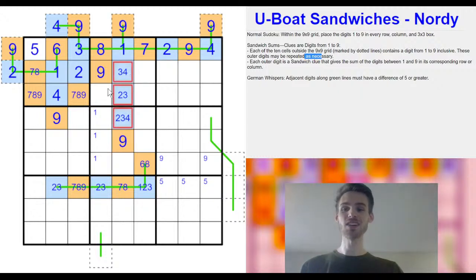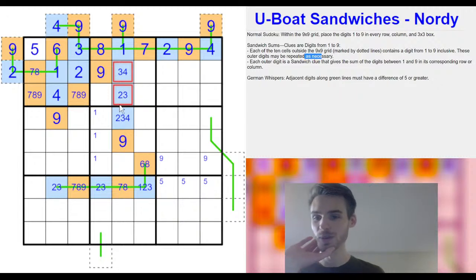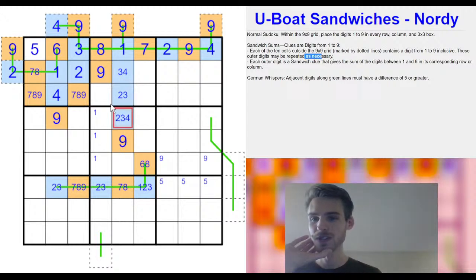It's the same way we did here, but then this cell would have to be 2, 3, or 4. Wait, it can be 2, 3, or 4. It could just be this digit. Why did I think that was broken?